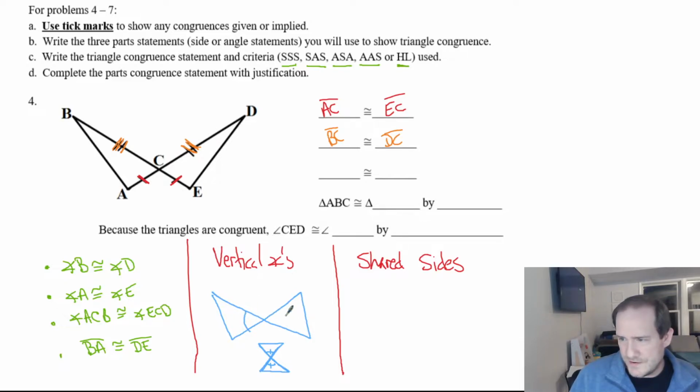Or in this figure here, you've got angles across from each other, and you could say that they're congruent.